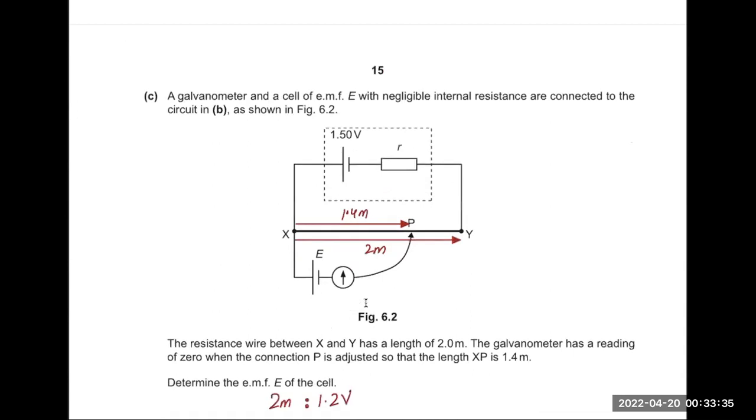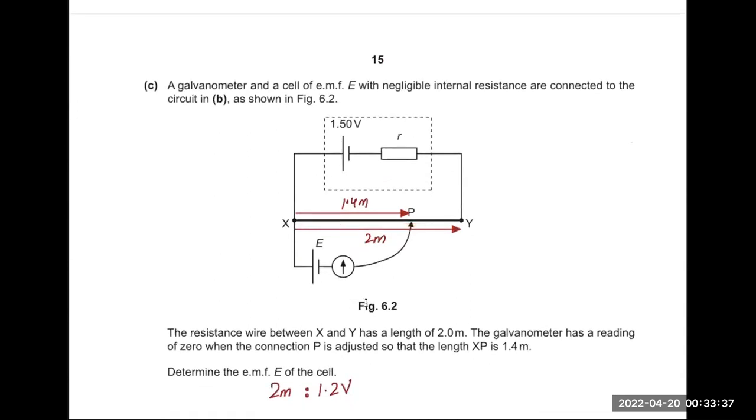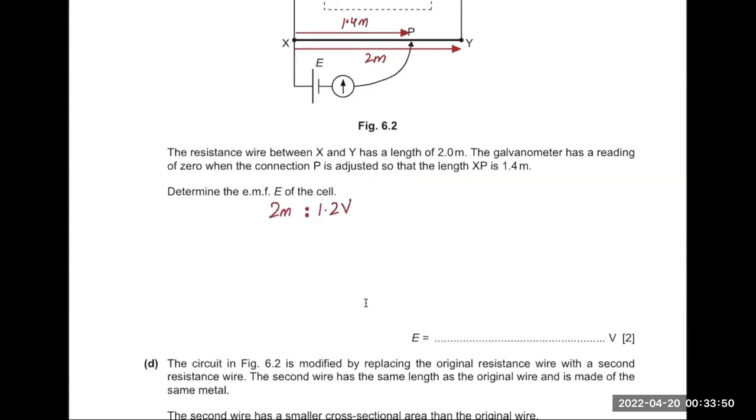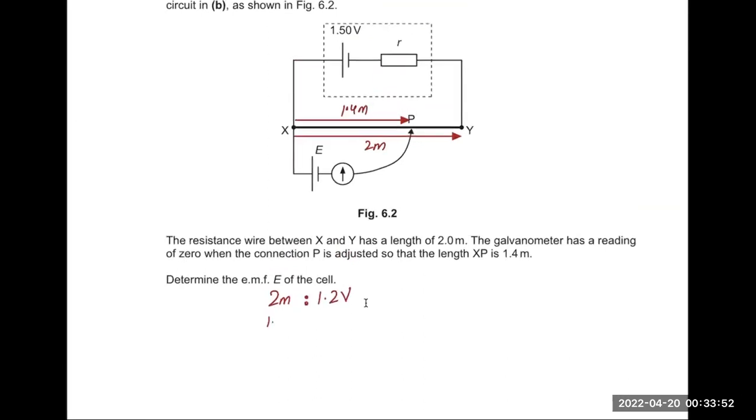Because this wire was uniform, equal lengths of the wire would experience equal potential differences. There'll be a constant increase in potential difference as the length of the wire increases. That means 1.4 meters would experience some potential difference, and that would be equal to E, the EMF of this battery.